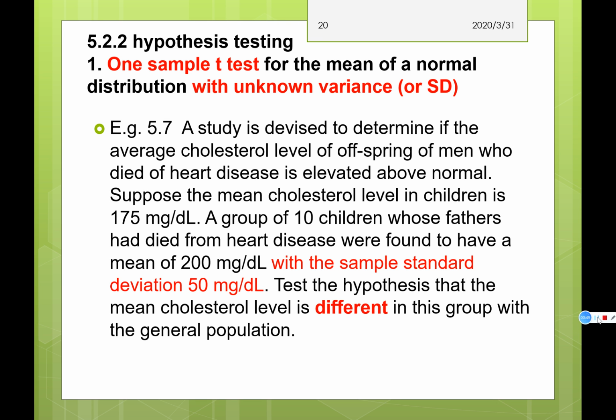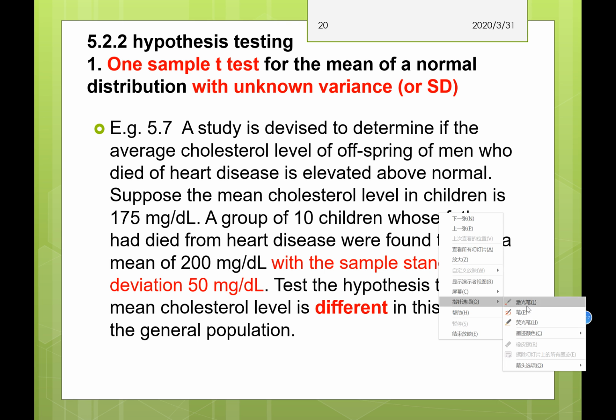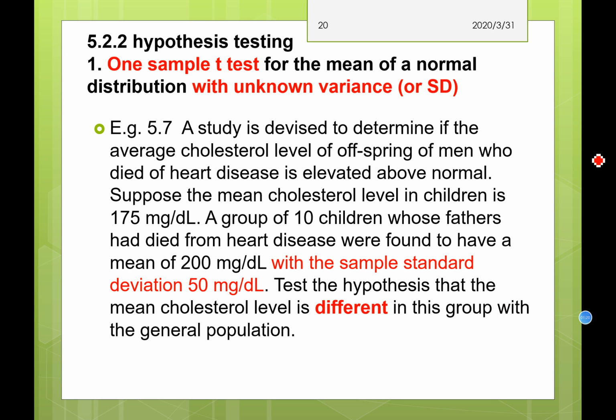estimation. So the first one, let's talk about one sample t-test for the mean of a normal distribution with unknown variance. So here we notice that actually this is the precondition for one sample t-test. We have mentioned that in z-test, the precondition is normal distribution and with known variance.